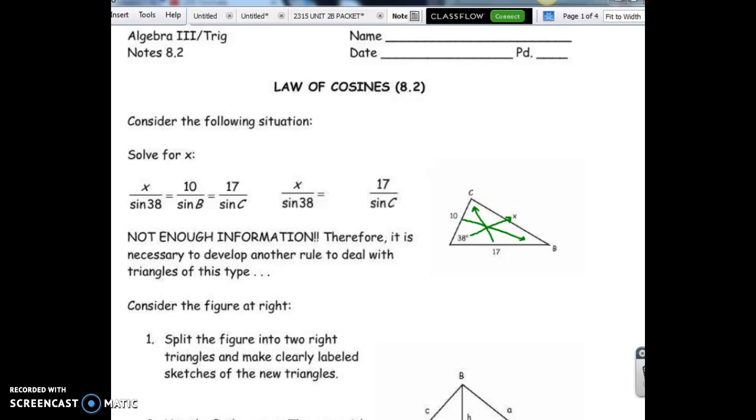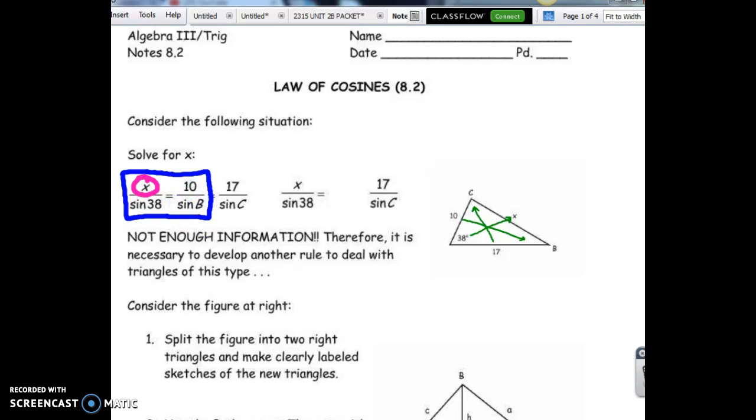If I set up my proportion using the law of sines, I might have this part right here. X is across from the sine of 38, and side 10 is across from angle B, which I don't know. If you look at this, we have two unknowns. That's not going to help us.